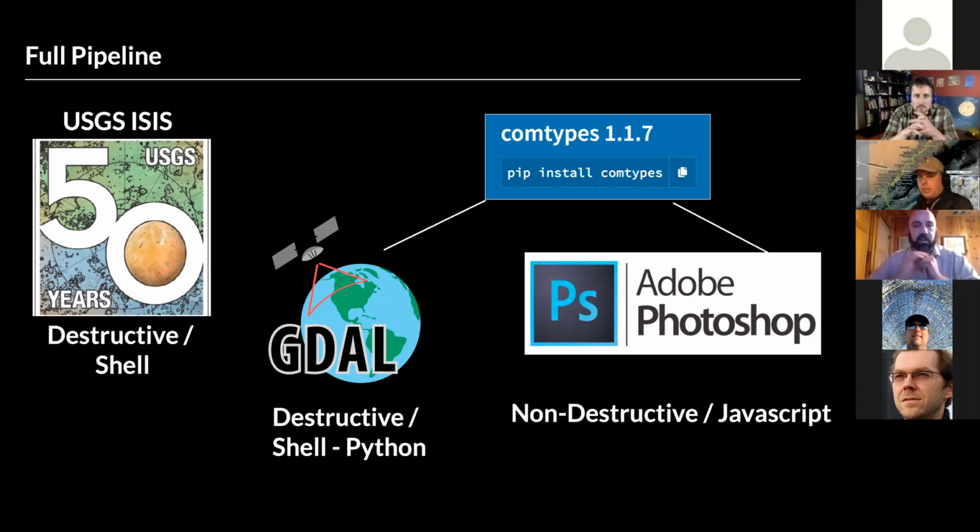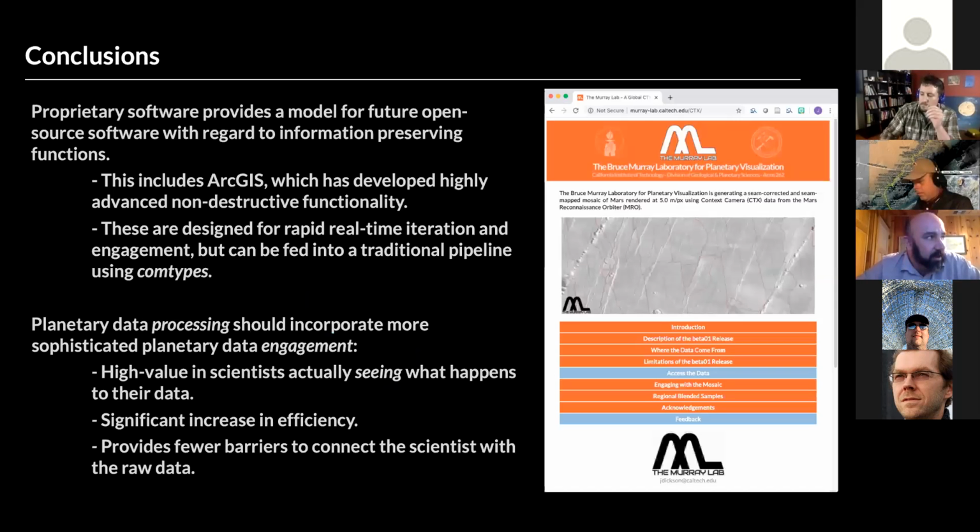So I'm going to leave the conclusion slide up here. And I think the open source software community could learn a lot from what's going on in the proprietary software community as well. And the inverse is, I'm sure, absolutely true as well, that in a visualization context, you need to retain information and have processes behave extremely quickly for a user.